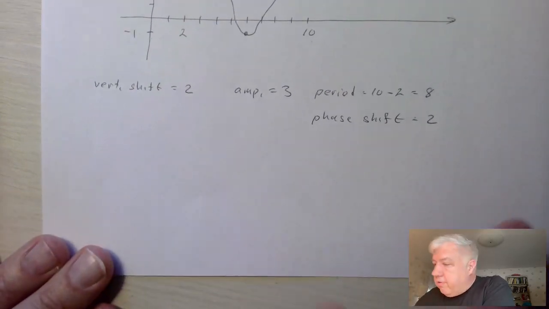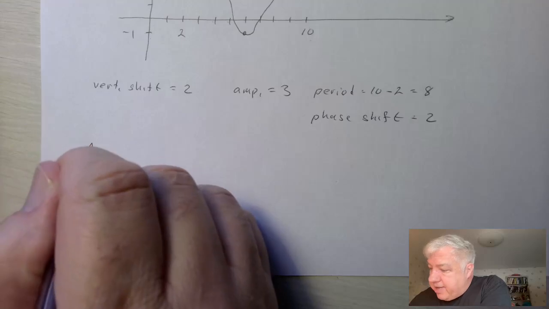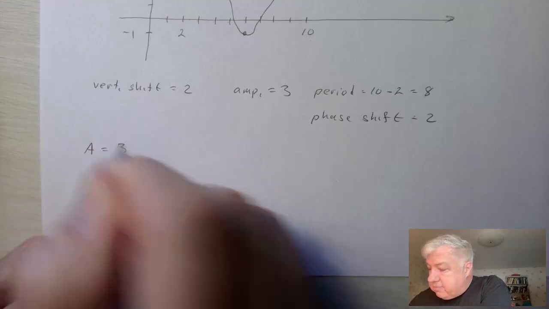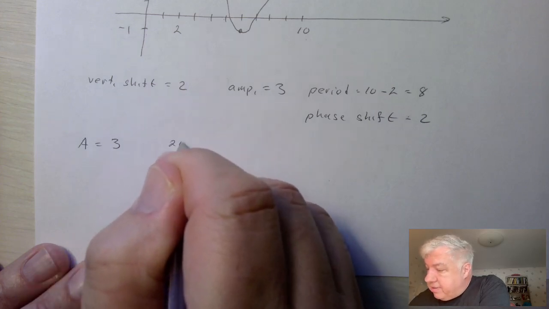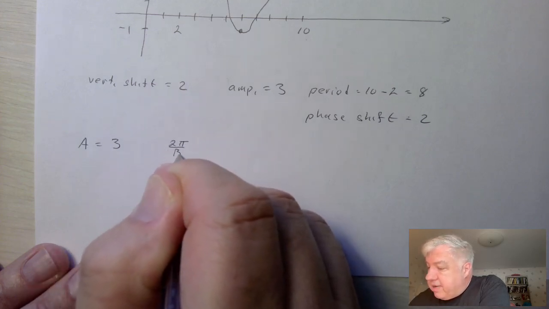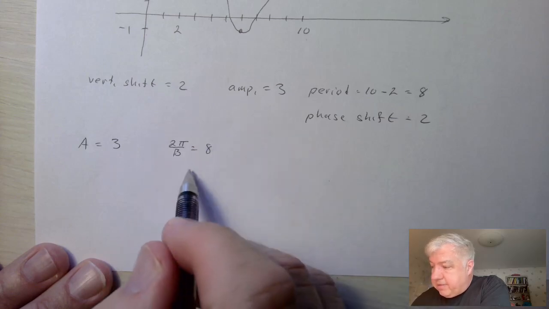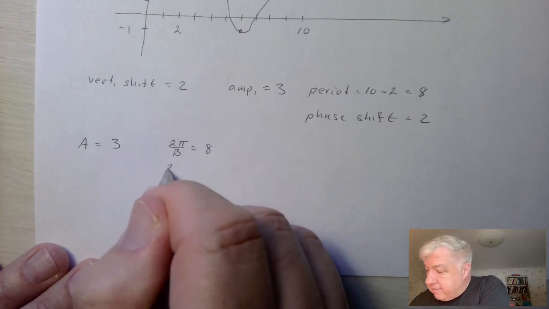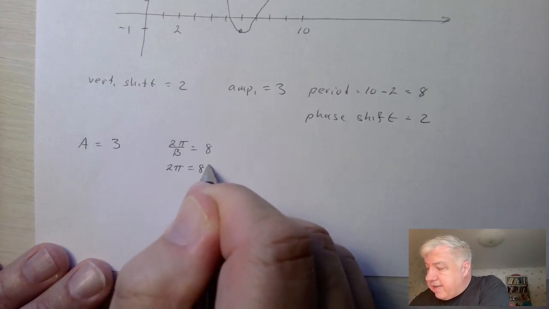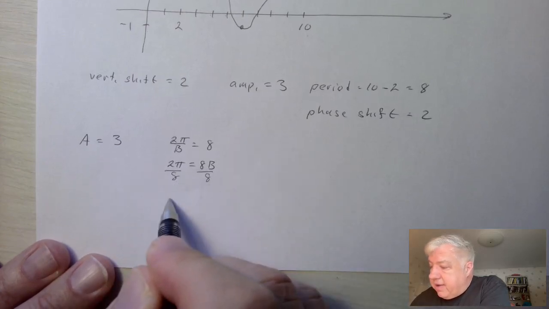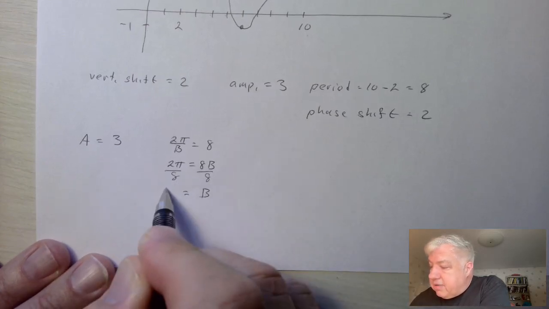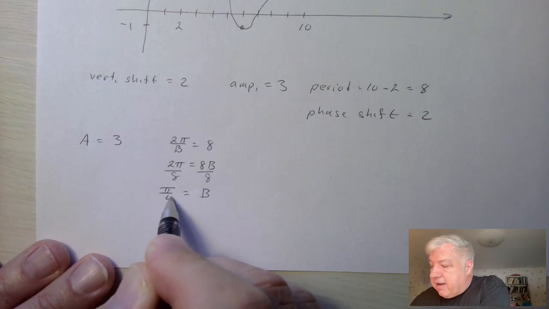All right, so the amplitude says that we can take a to be 3. Plus or minus 3, we'll see which we want. The period, 2 pi over b, is going to be equal to 8. So we can multiply by b again, get 2 pi equals 8b, divide by 8, and we get b is 2 pi over 8, which is pi over 4.